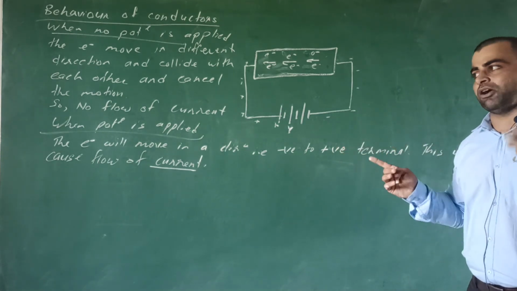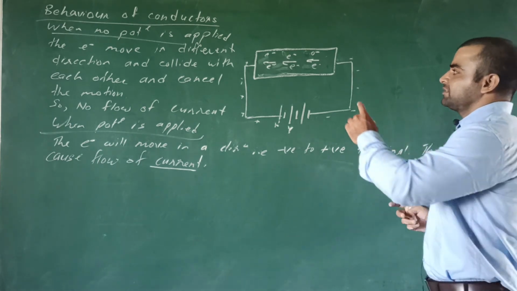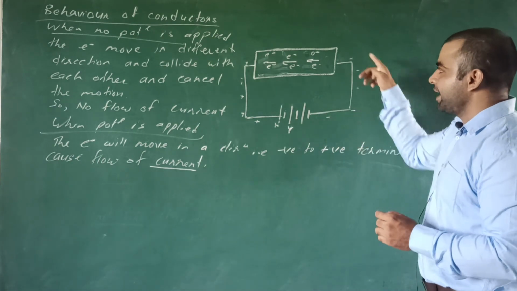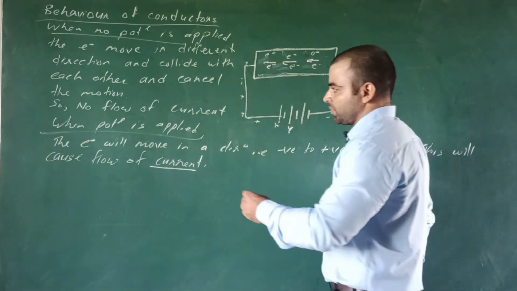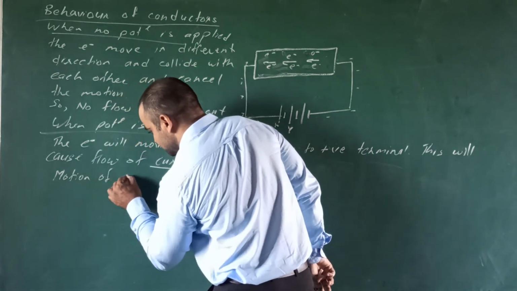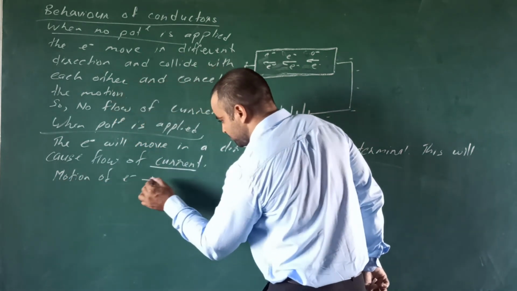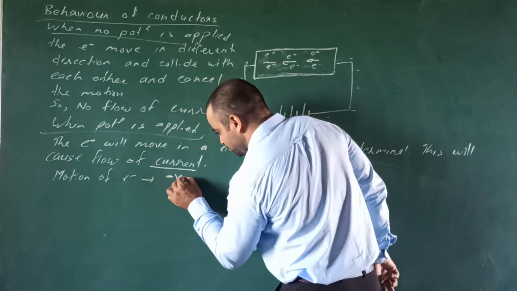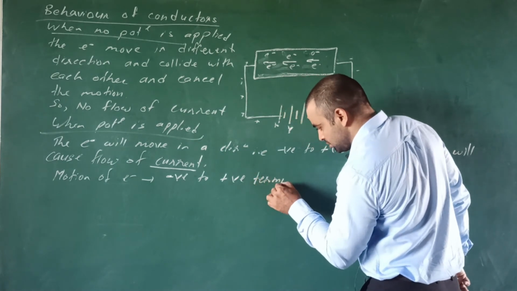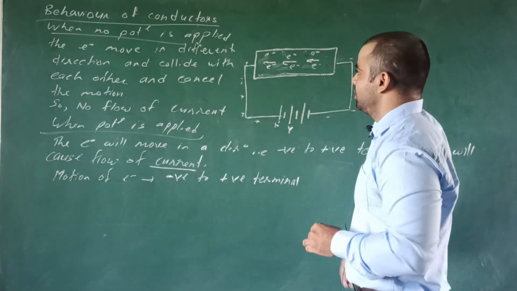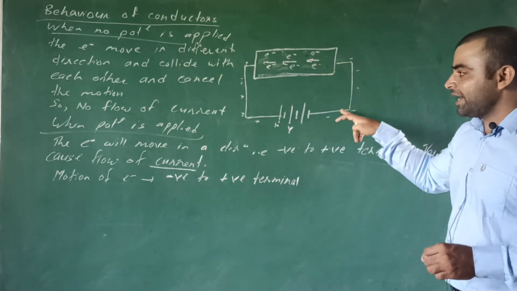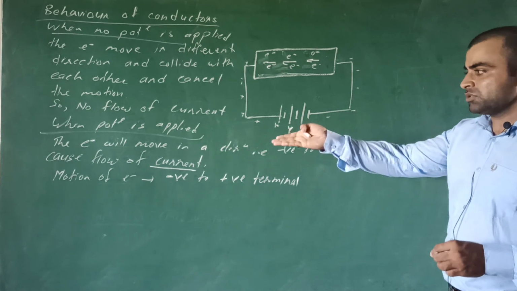Direction of current is always opposite to the direction of electrons. Electrons move from negative to positive terminal, but the direction of electric current will be from positive to negative, opposite to the motion of electrons.